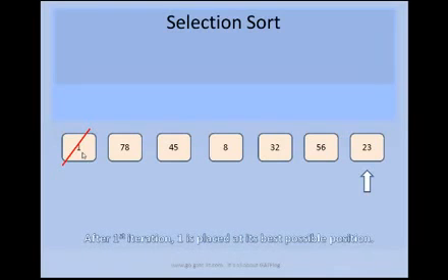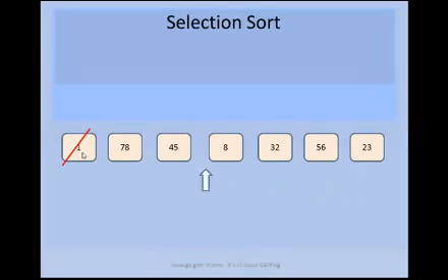Our next goal is to update the minimum pointer to point to 78. Our pointer has been moved to 78, which is the minimum element right now. We will compare the rest of the elements of the sequence with 78. For the first comparison we found that 78 is greater than 45, so immediately we change our pointer to 45, the next minimum element.